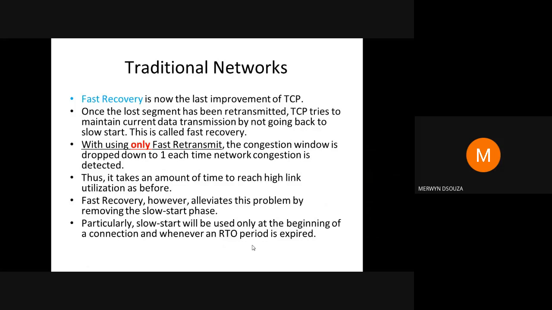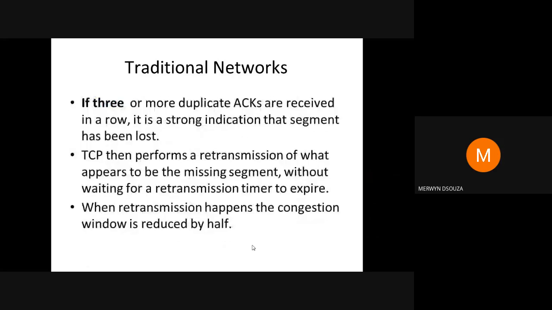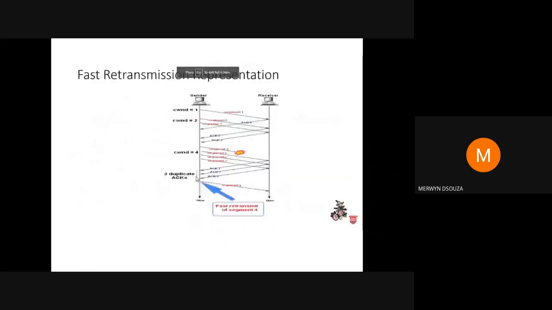So how does it remove it? Whenever a segment is retransmitted using fast retransmit, fast recovery will reduce the window by half. So instead of going all the way to 1, in this example the retransmission has happened when the window size was equal to 4.